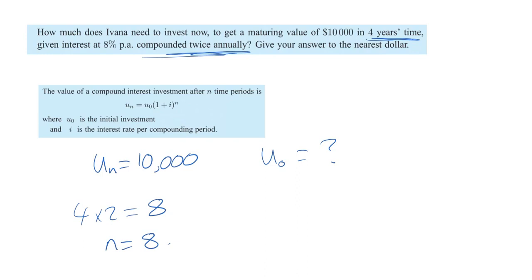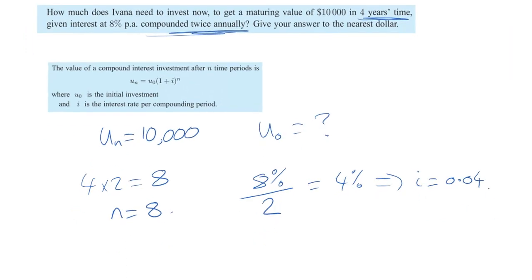Now, let's just think about the interest rate per compounding period. It's 8% per year, but we have 2 compounding periods per year. So we need to divide that 8% by 2. So it's going to be 4% per compounding period. So therefore, I is going to be 0.04.